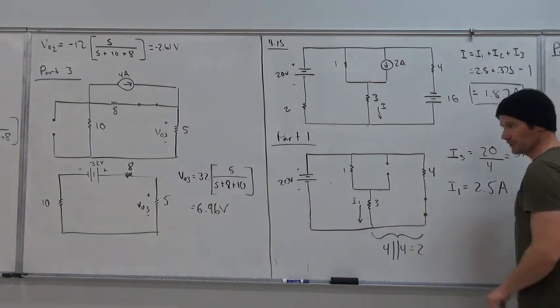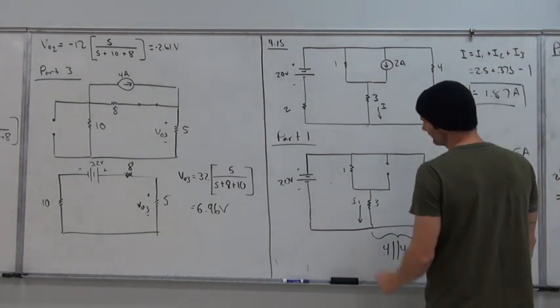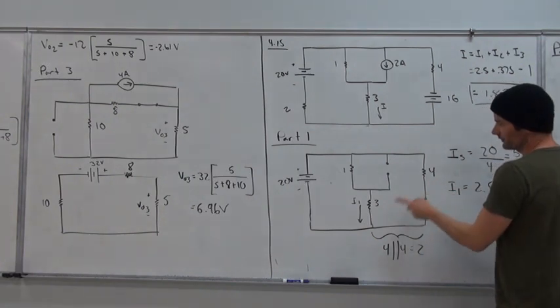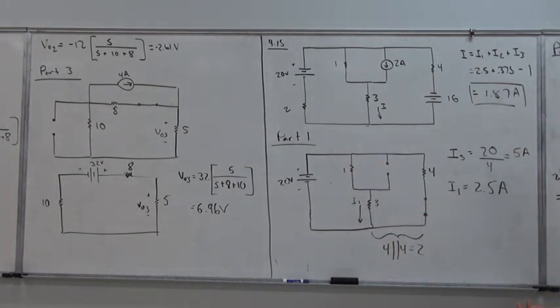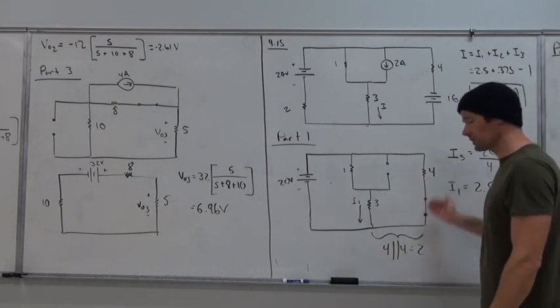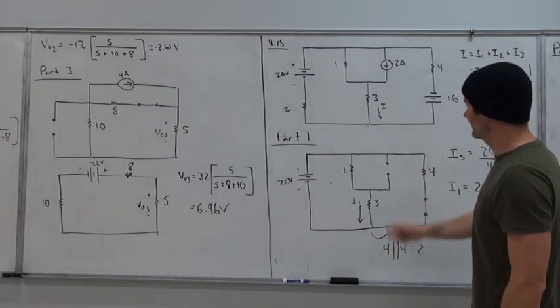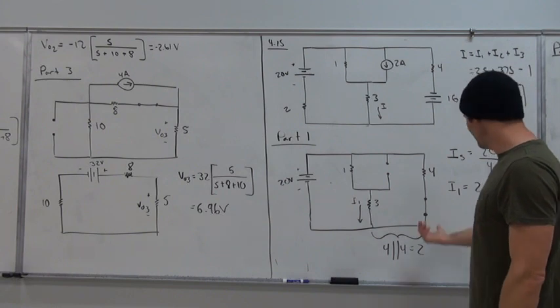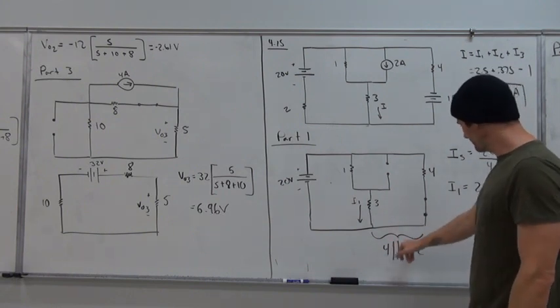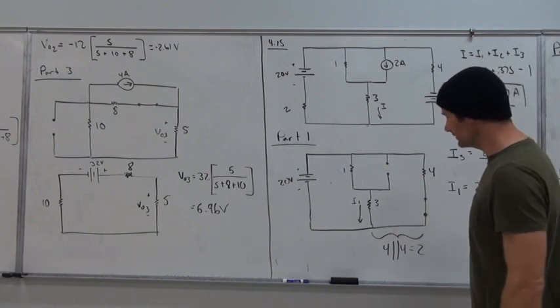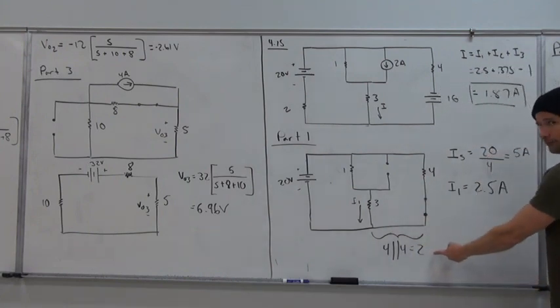Same thing with the 4 ohm resistor here: current would leave the positive terminal. This relationship becomes 4 essentially in parallel with 1 plus 3, which is 4. So we have 2 parallel relationships now, due to the fact that the current source turned off and that voltage source is now shorted out. So 4 in parallel with 4 gives us 2 ohms.